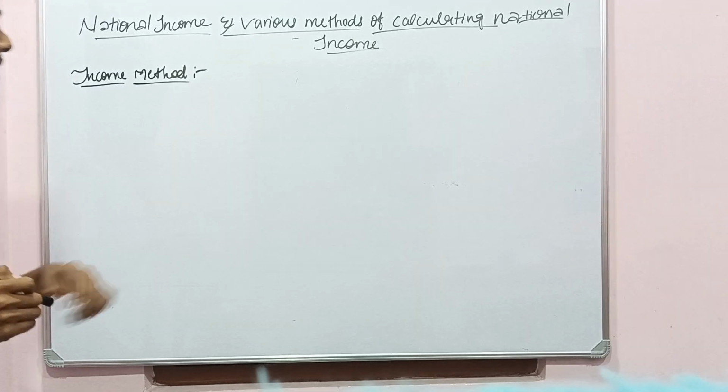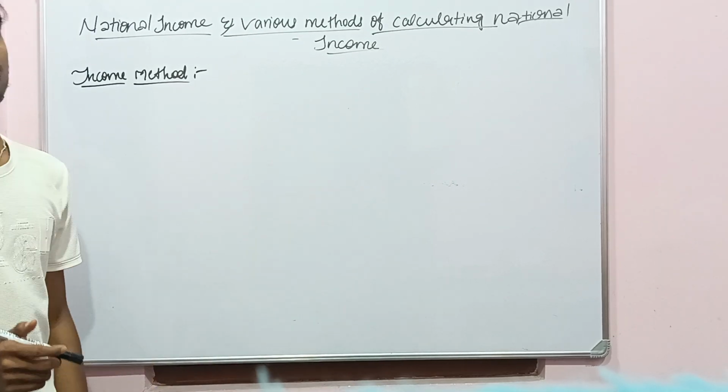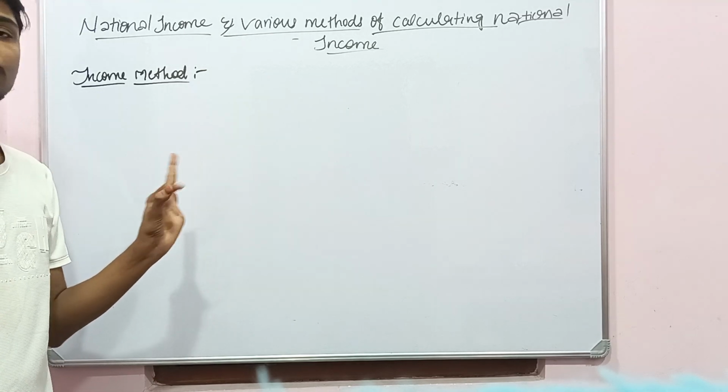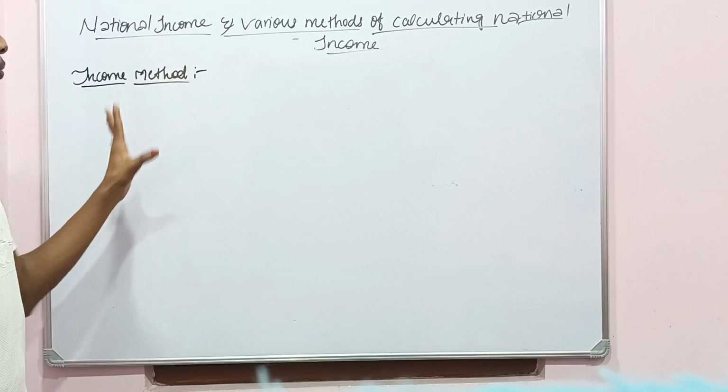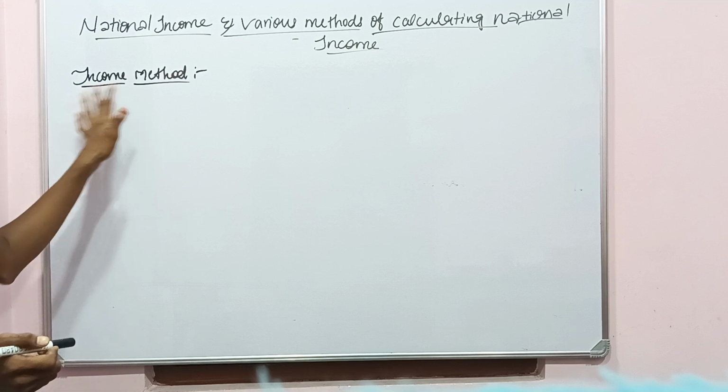In this method, the incomes earned by all the factors of production in the form of wages, rent, interest and profit are summed together. This is called the income method.